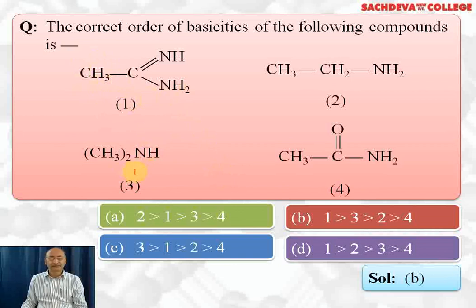Then we have the third, a secondary amine, which has the maximum electron density after the first on nitrogen. Then comes the second, ethylamine, where the ethyl group is electron releasing and increases electron density on nitrogen. Fourth, that is the amide, is least basic because the CH3CO group is electron withdrawing, so it will decrease electron density on nitrogen. So the correct answer is B part.